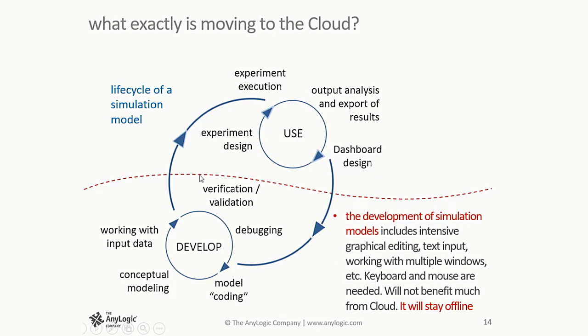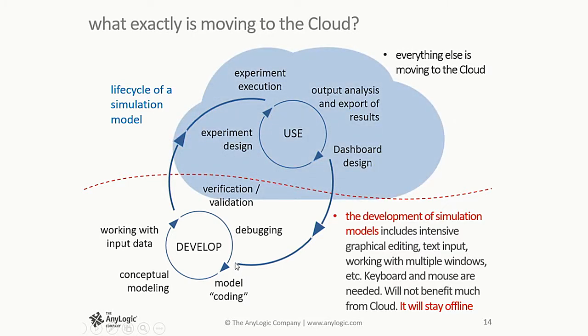So the development part will, in the next year or two at least, stay on desktop. There's no big sense really in moving it to the cloud. Everything else moves to the cloud for sure, for many reasons. Once the model is more or less ready, you upload it to the cloud.